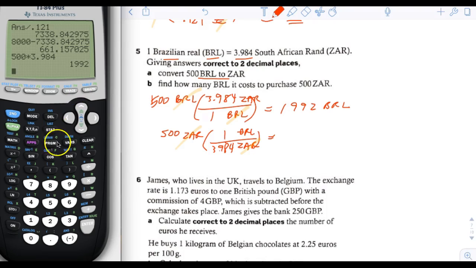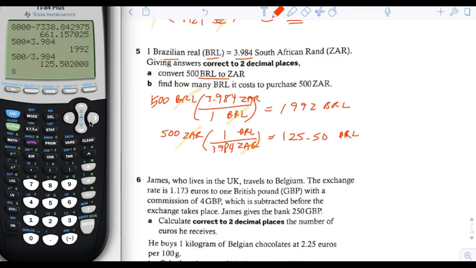So it's 500 divided by 3.984. So it'll be 125.50. Okay? And 125.50 Brazilian reais is how much it costs to purchase 500 ZAR.